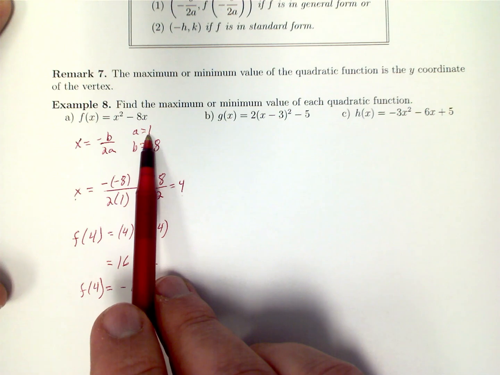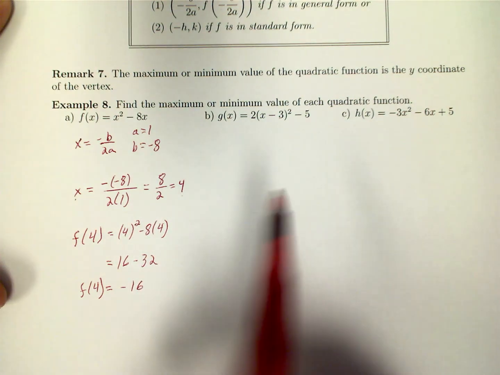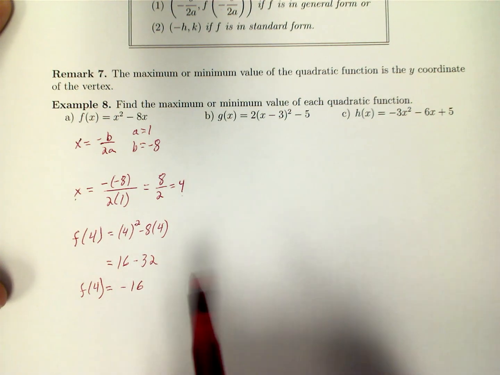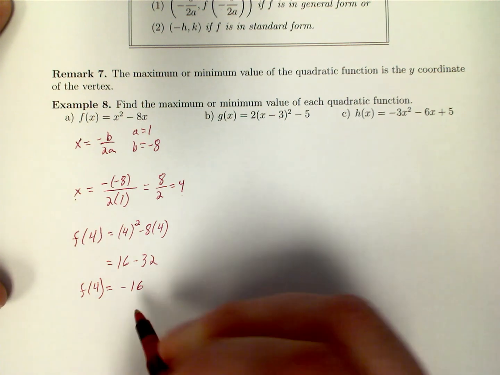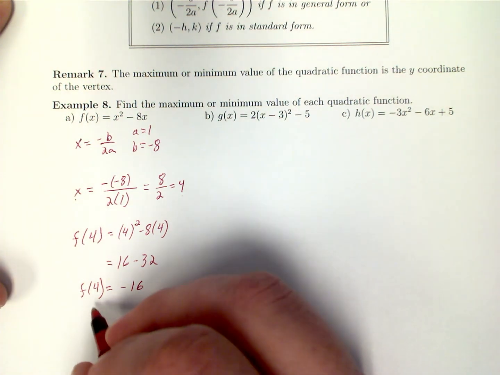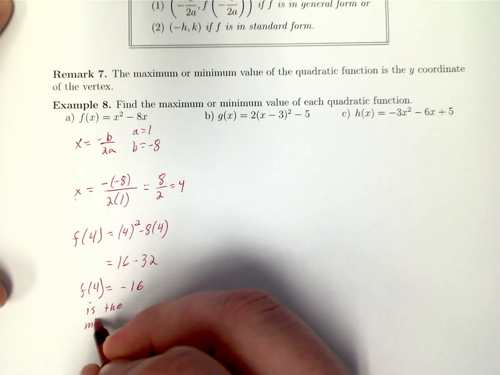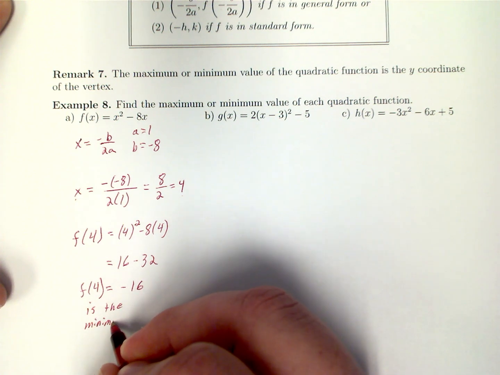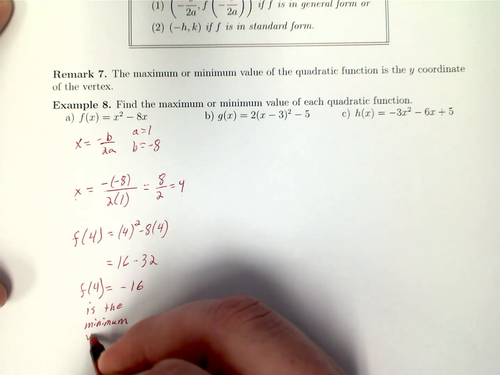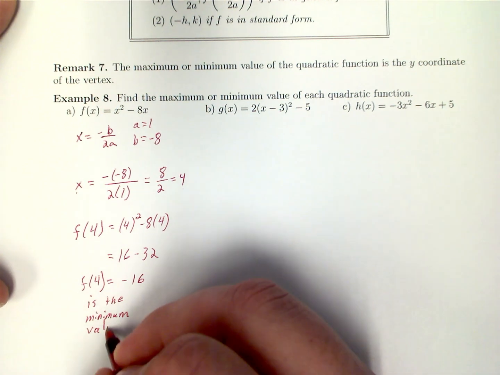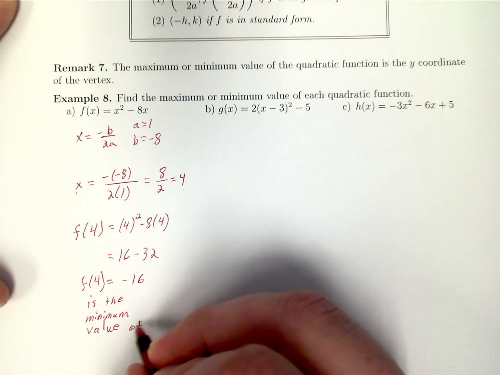A is 1, so since it's positive, it didn't flip over, so it's still opening up, and that means that this is a minimum value. So negative 16 is the minimum value of the function.